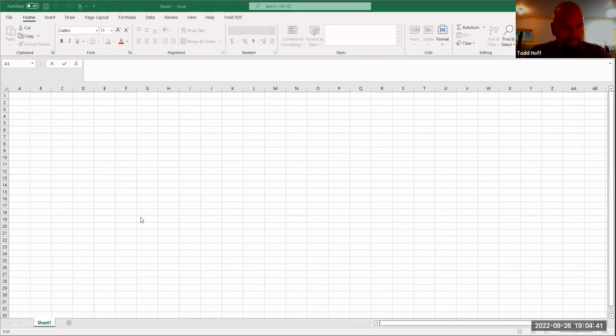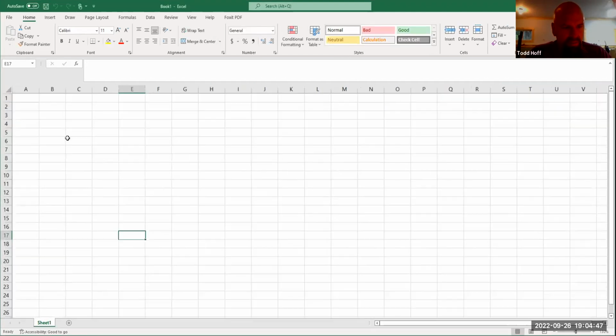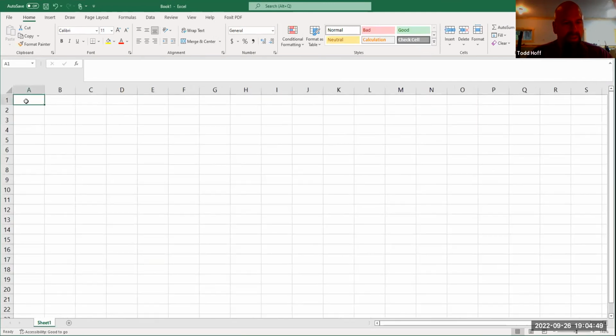We're going to pick our population here. My population is just going to be 4 numbers: 4, 7, 10, and 14. There's our population.